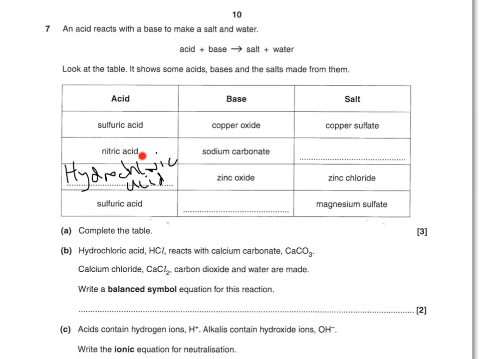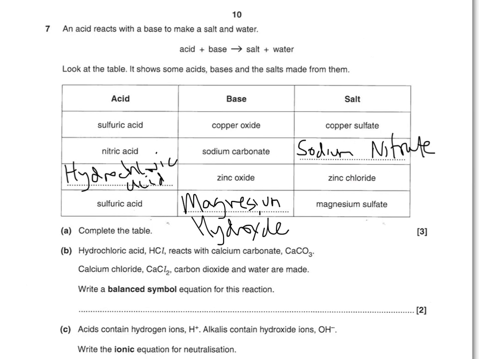Here you're reacting nitric acid with sodium carbonate, so the salt would be sodium, and for nitric acid it's nitrate. And the last one is magnesium sulfate you're making, so the base, you just take the magnesium, the first word, and just put hydroxide onto the end. So there's your 3 marks. If you put magnesium carbonate, that would also be fine, or magnesium oxide, that would also be fine.